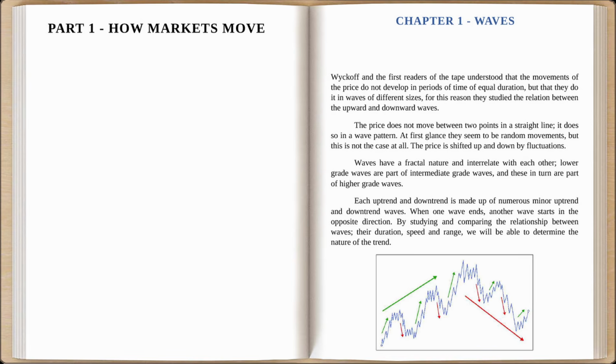Waves have a fractal nature and interrelate with each other. Lower grade waves are part of intermediate grade waves, and these in turn are part of higher grade waves. Each uptrend and downtrend is made up of numerous minor uptrend and downtrend waves. When one wave ends, another wave starts in the opposite direction. By studying and comparing the relationship between waves, their duration, speed, and range, we will be able to determine the nature of the trend.